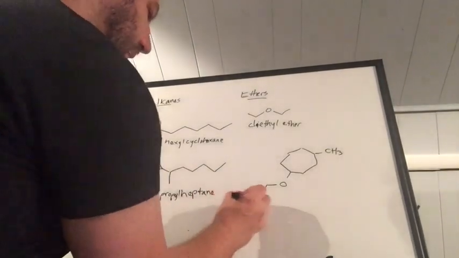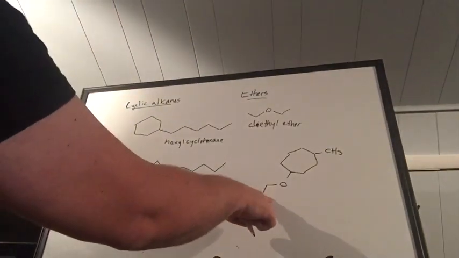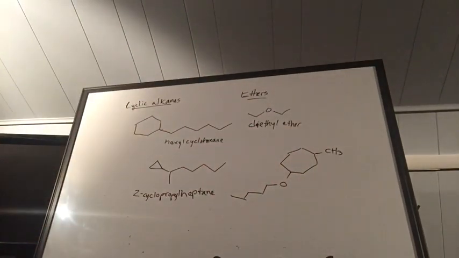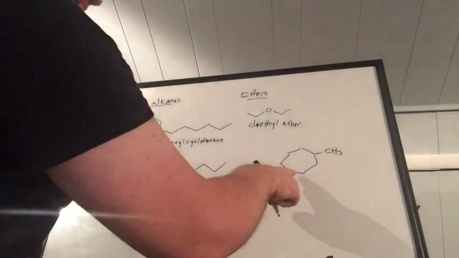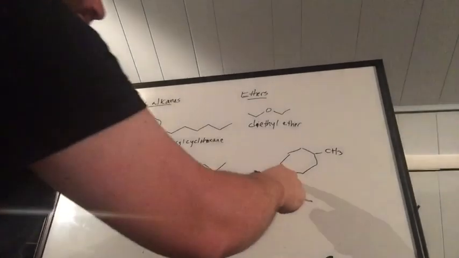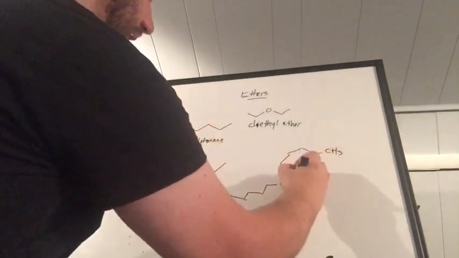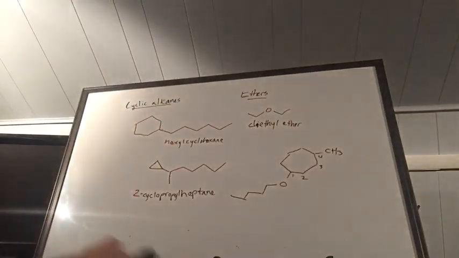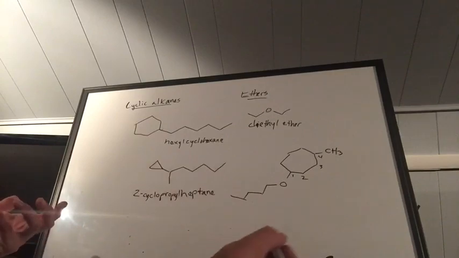So that would be a pentyl group if we didn't have that oxygen and this carbon were directly attached. However, it's going to be a pentoxy. So it's going to be highest on the count here. So we're going to have 1, 2, 3, 4. So we're going to have 4-methyl-1-pentoxycycloheptane.